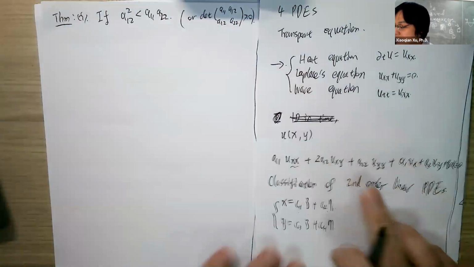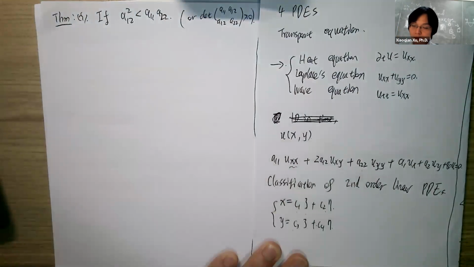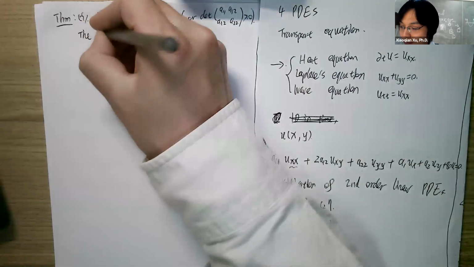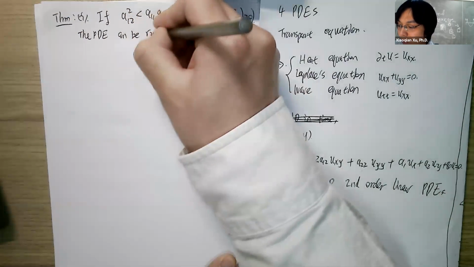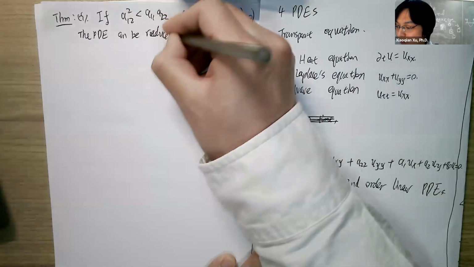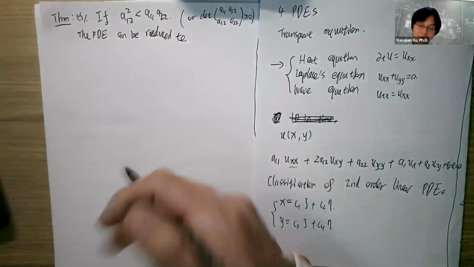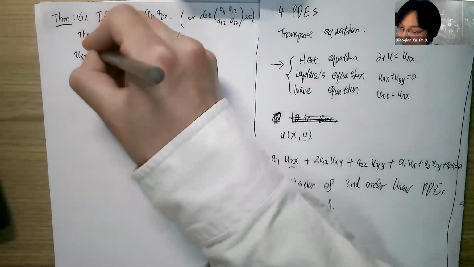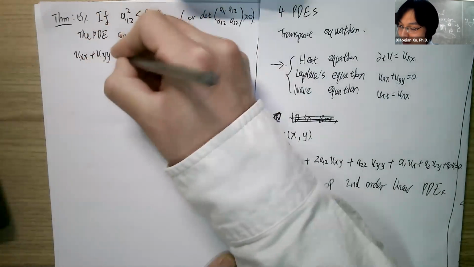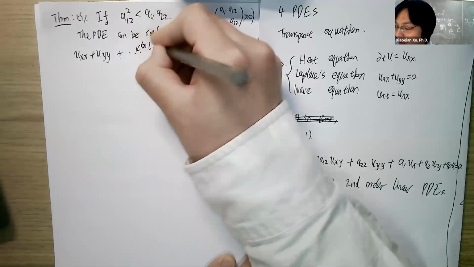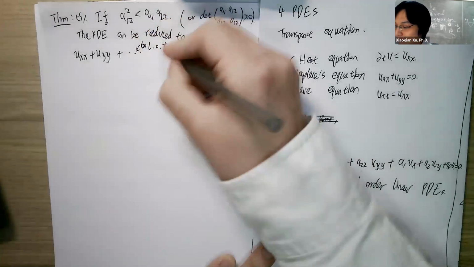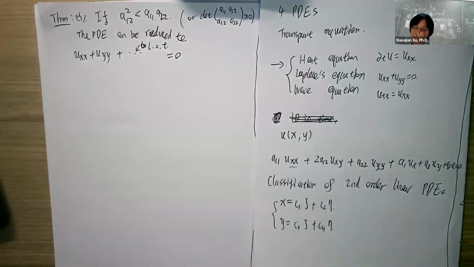your differential equation can be reduced to the form like the Laplace equation plus something of lower order terms, which are the terms that only take first derivative or no derivative.